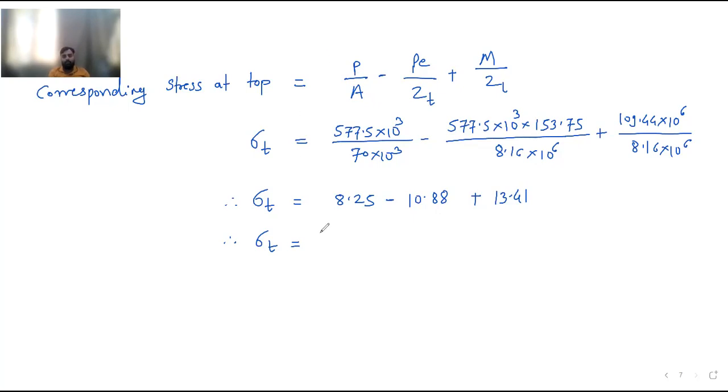It is 10.78 Newton per mm square. Okay, so 10.78 is the answer. So this is the corresponding stress at top for the eccentricity of 153.75. So here now at this point your problem ends.